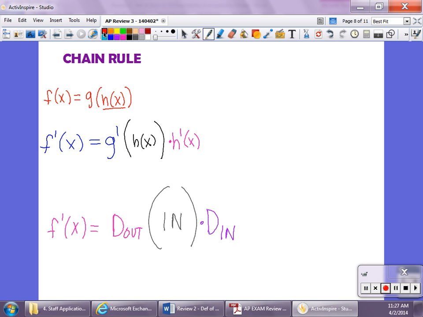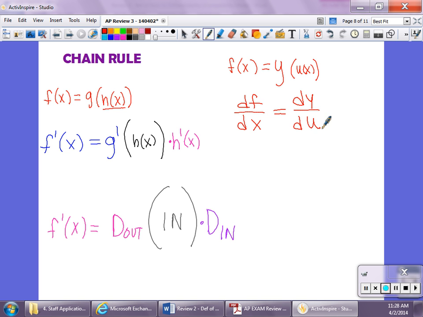You won't use it, but you may see it, and then kind of the mathematical notation lends itself to understand that you can do stuff with differentials. What I mean by that is if I give you a function that's actually another function y in terms of u, then the derivative of f with respect to x would be the derivative of y with respect to u times the derivative of u with respect to x.